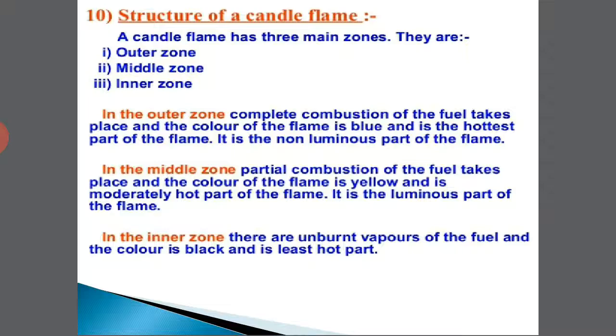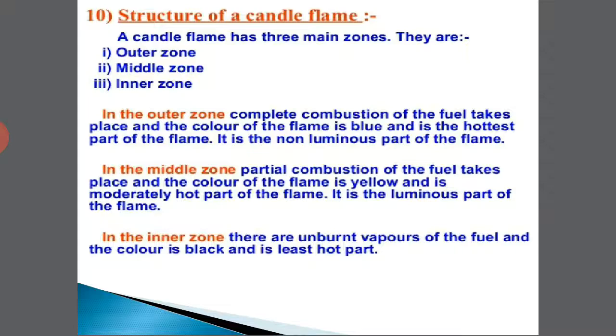In the middle zone, partial combustion of fuel takes place and the color of the flame is yellow and it is the moderately hot part of the flame. It is a luminous part of the flame. In the inner zone, there are unburned vapors of the fuel and the color is black and it is the least hot part of the flame.